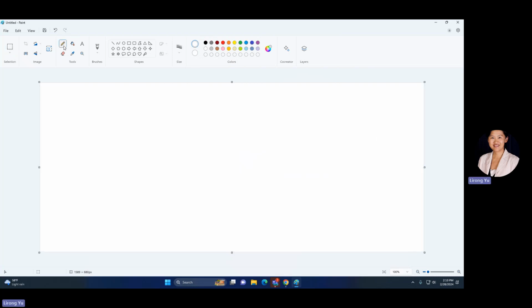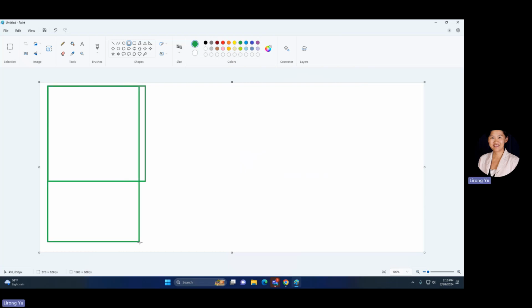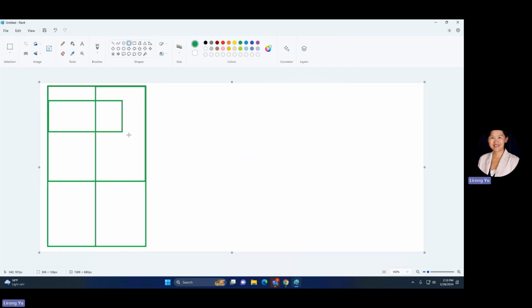So maybe we're going to make a chart. Alright, so you can make a chart, one column representing the original function, the other column representing the derivative function.